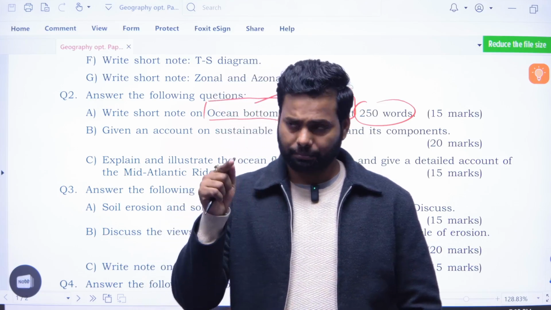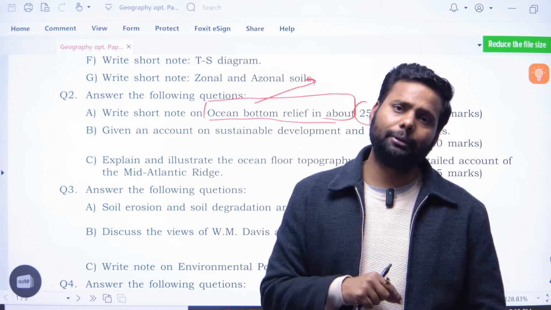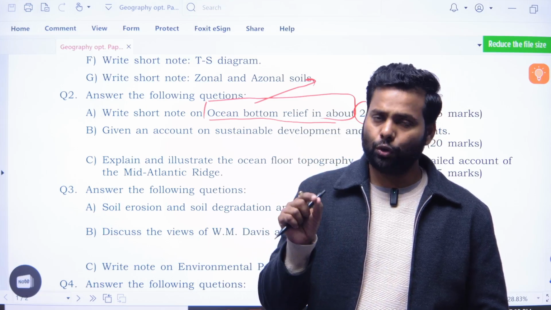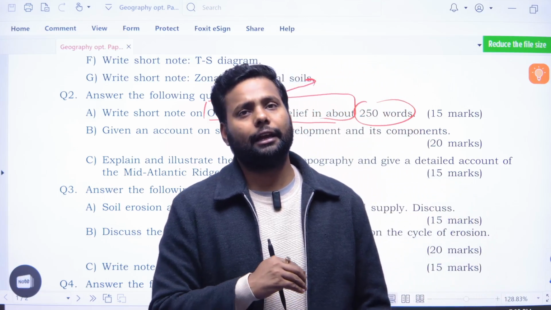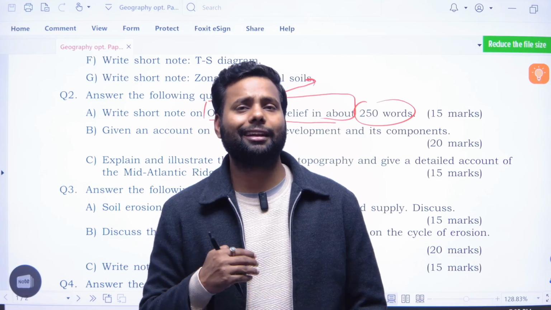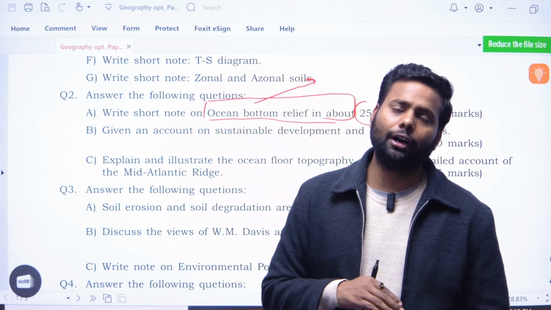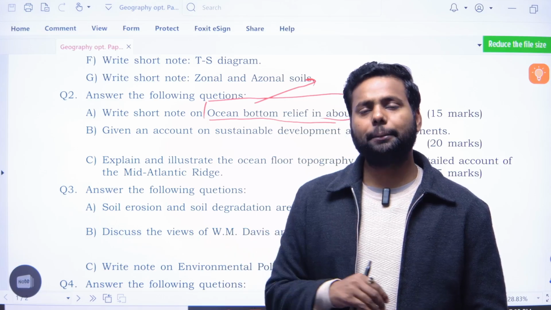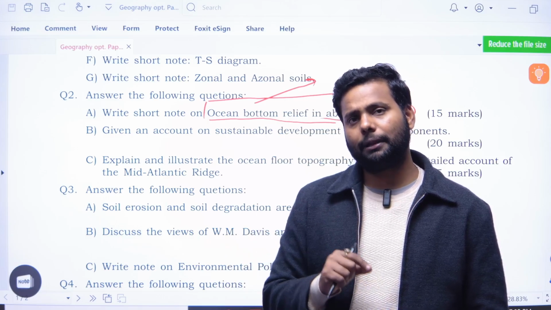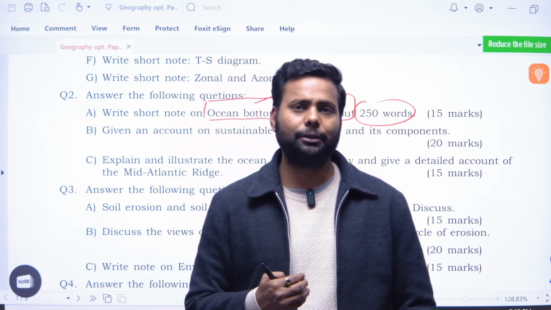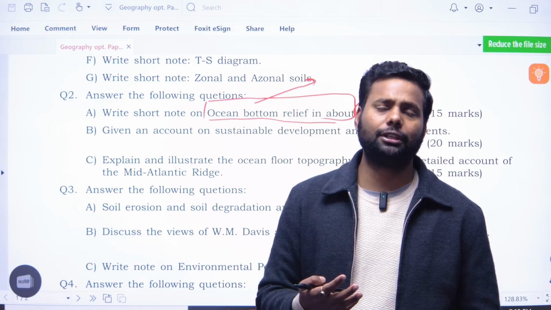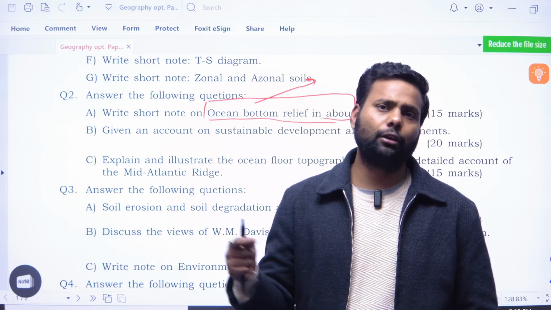You have to mention the continental slope and canyons, then the slope break, the continental rise, and then the abyssal plain. In the abyssal plain you have to mention guyots, seamounts, volcanic islands, and trenches, and explain all of this.